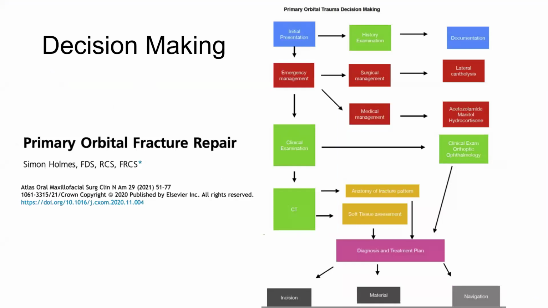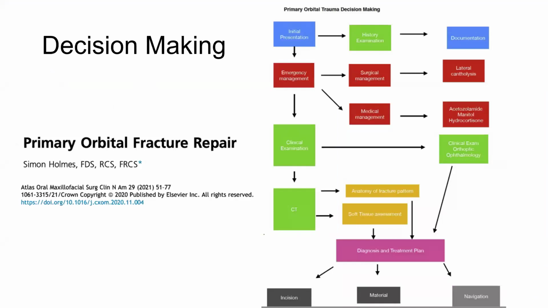So this is the decision making for orbital fracture repair. Now that we have decided to go ahead with the surgery, these are the things we have to consider before operating. Now that the CT is taken, we have to read the anatomy of the fracture pattern.